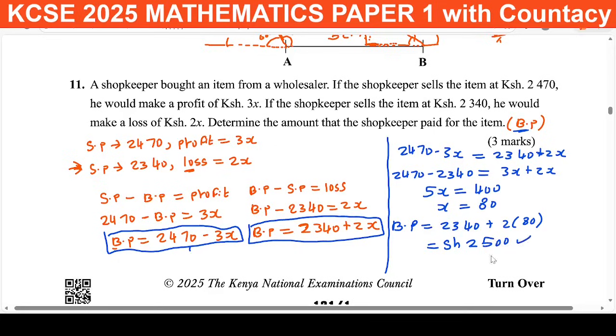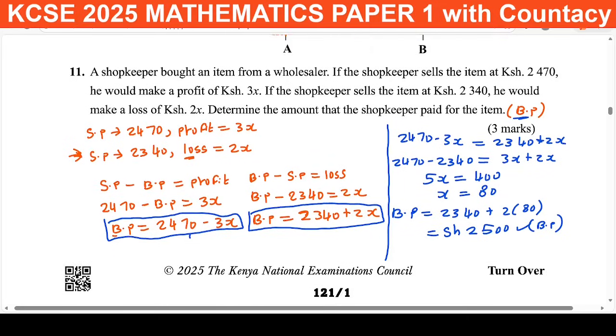Yeah, that's really how it's supposed to be. That's the solution, and this becomes our buying price, the required solution. I believe that you've been able to follow through until this point, and that is the required solution.